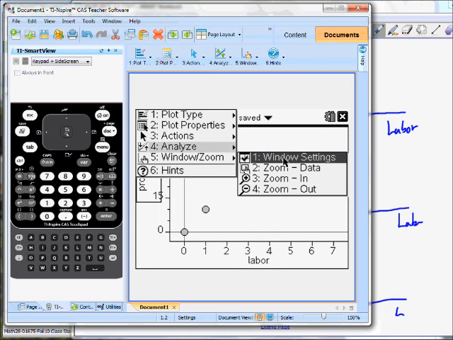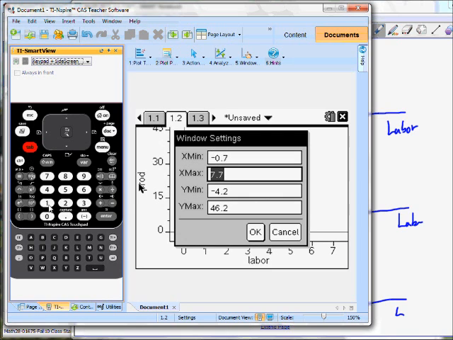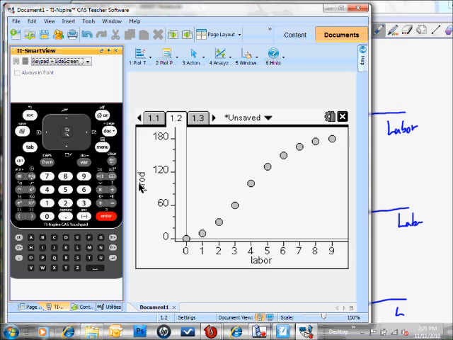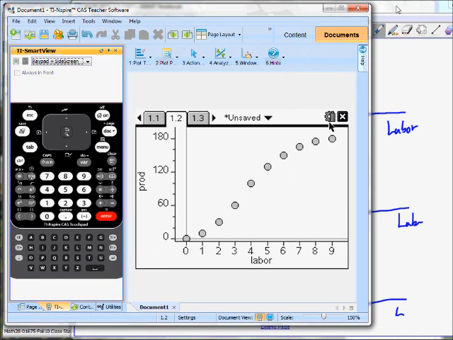Okay. The window settings, I'm going to have to expand the window a little bit because we went up to 9. I'll make it 10. And for this one, we went up to, what was that again, 180? So better make it about 200. There it is. Okay, same idea, but if you're analyzing this, we actually have the rate of change of the rate of change.